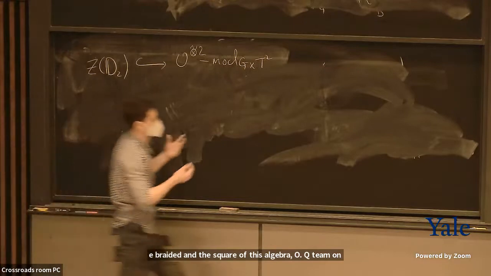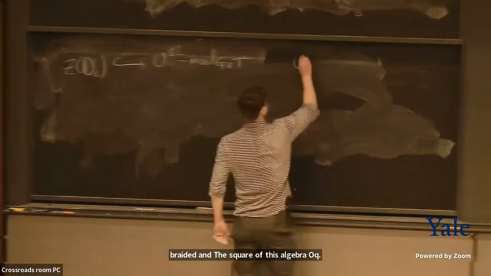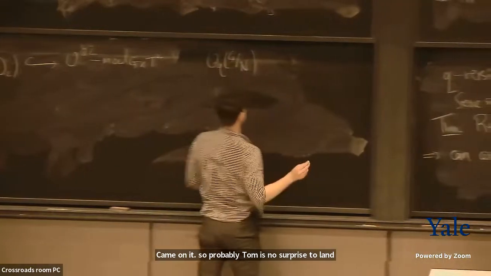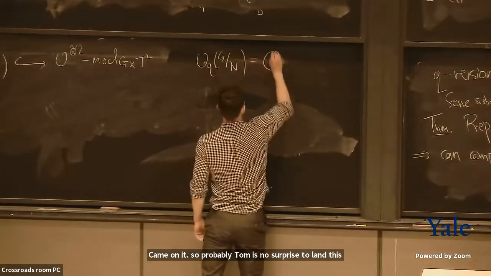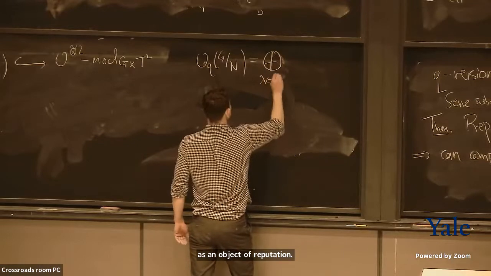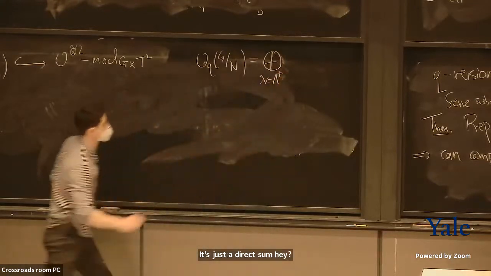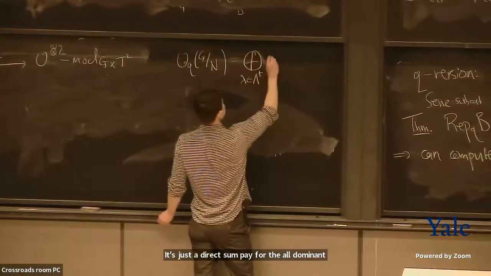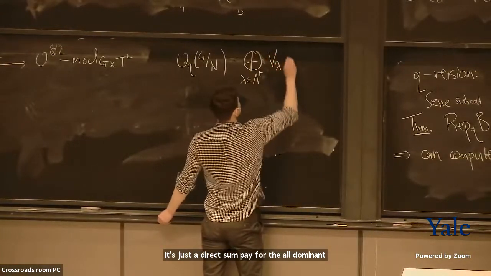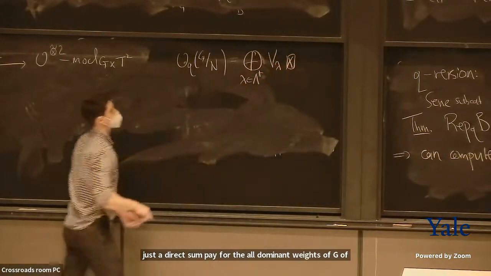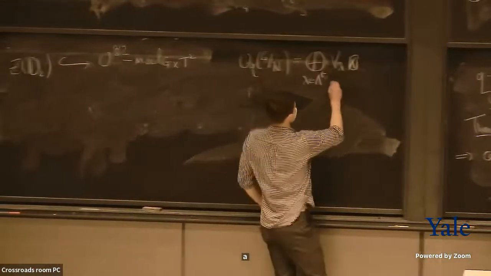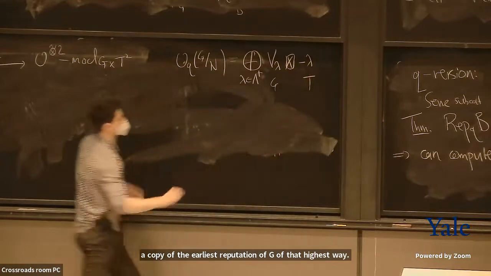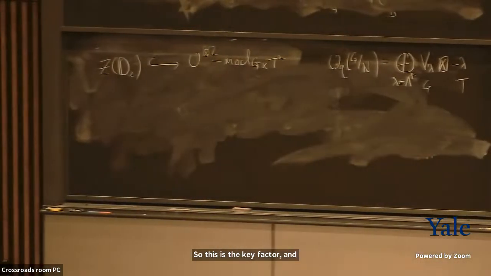Okay. So it probably comes as no surprise to learn that, as an object of rep QG cross T, OQ G mod n is just the direct sum over all dominant weights of G of a copy of the irreducible representation of G of that highest weight, so this is the G factor, and a character of T given by minus that weight.